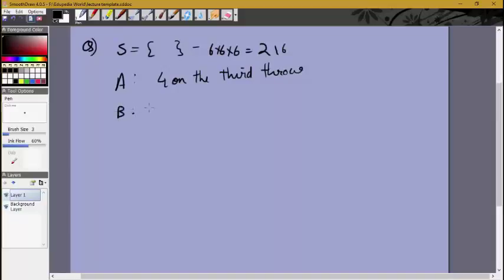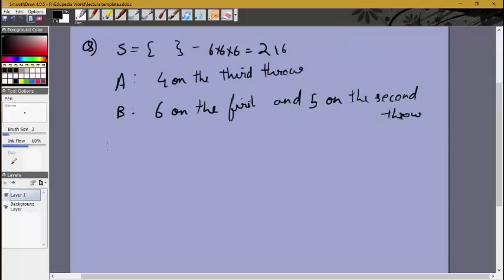And B is the event that we get 6 on the first and 5 on the second throw. We need P of A conditional B, meaning the probability of A given that B has already happened.